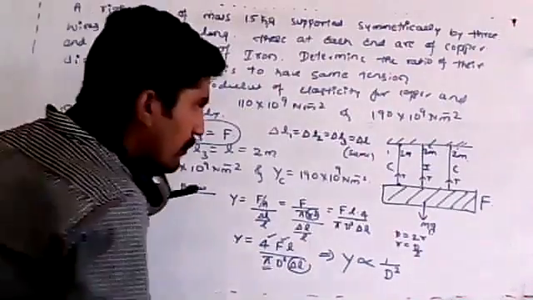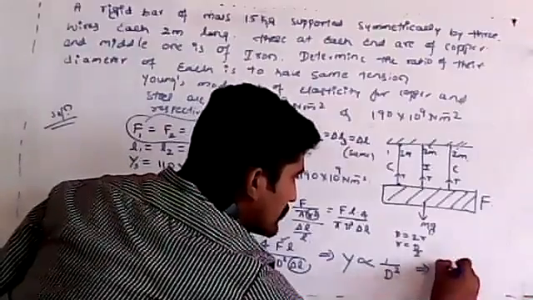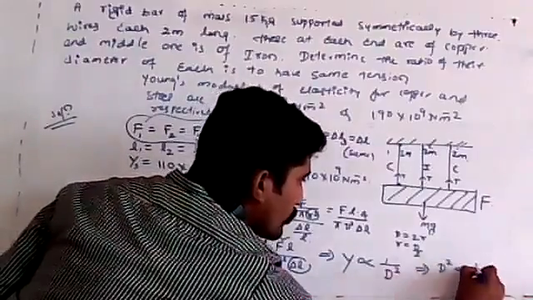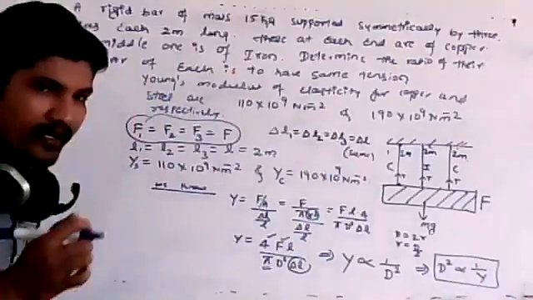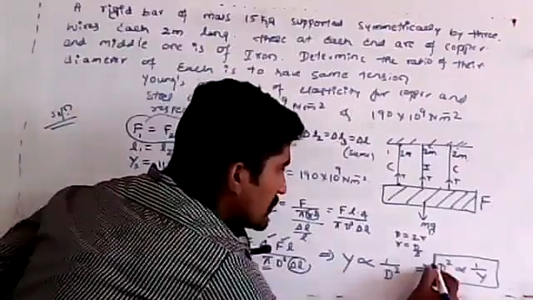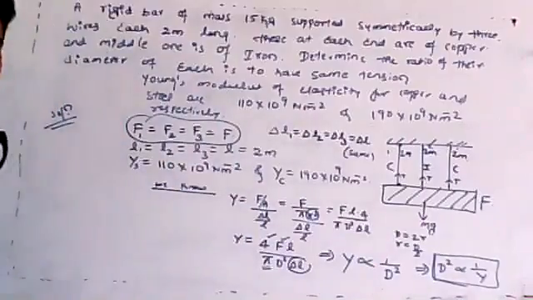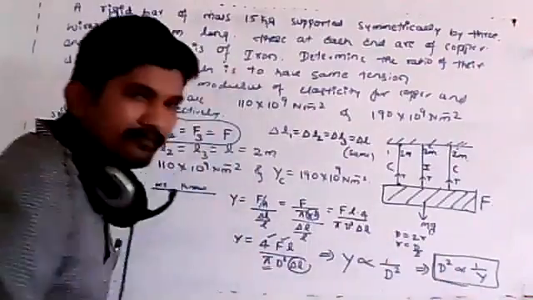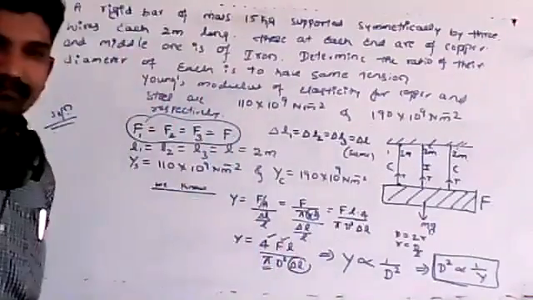Is it clear? But we want D here. So D square is inversely proportional to 1 by Y. This is our relation. Remember, in competitive examinations or in theory, we want this. How it comes, we have to do all these things. I can't write it directly here; I have written everything.